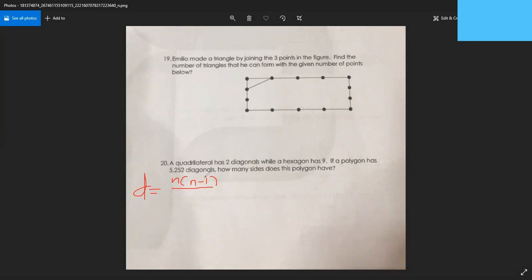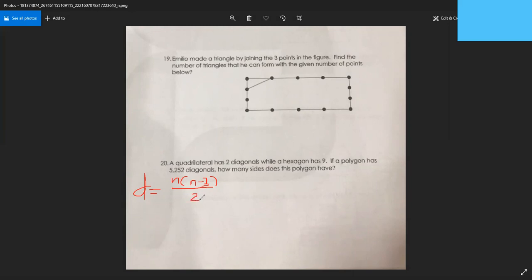Let me derive it first. n times n minus 1 over 2 minus n, so that would be n squared minus n, over 2 minus n. So the formula is n times n minus 3 over 2.